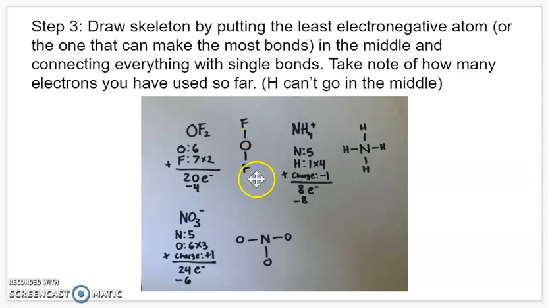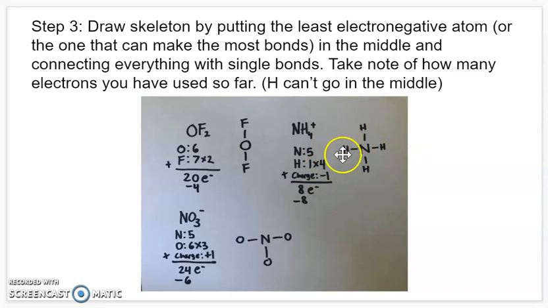So we have a single bond connecting the O to each F. And we're just going to leave it there for now. For NO3 minus, put the N in the center, with a single bond to each of the O's. And then for the NH4 plus, N in the middle, single bond for all of the H's.